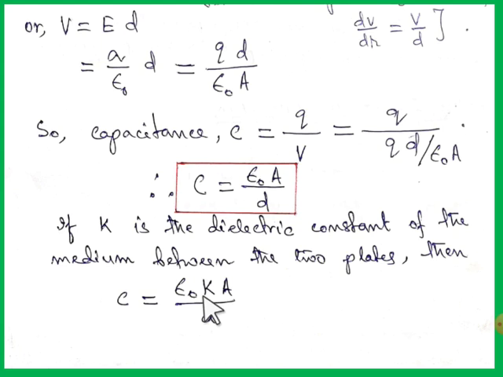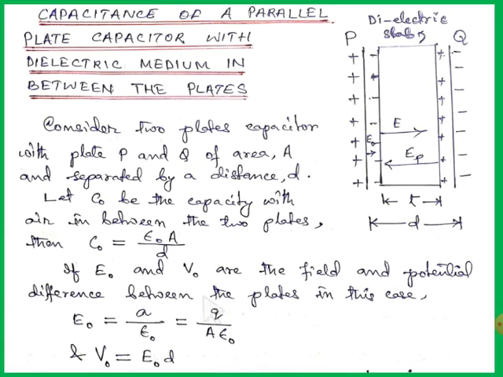Now let's see the capacitance of a parallel plate capacitor when a dielectric medium or slab is introduced between the two plates P and Q, right? Why? Because when a dielectric slab or material is introduced, polarization takes place. Got it?